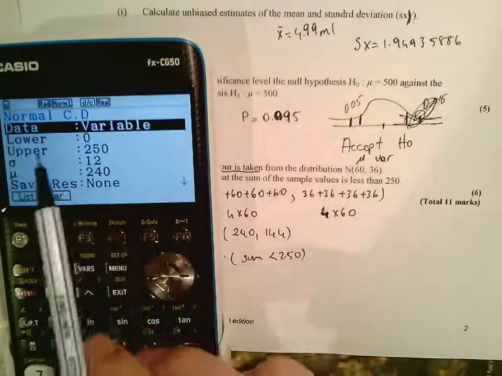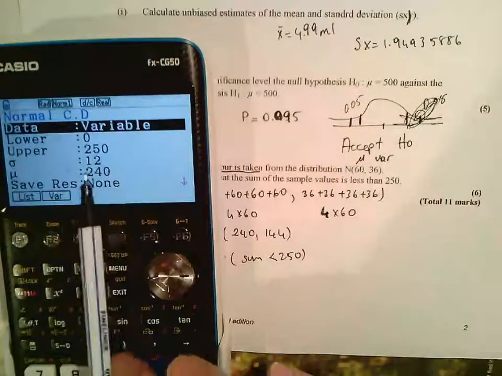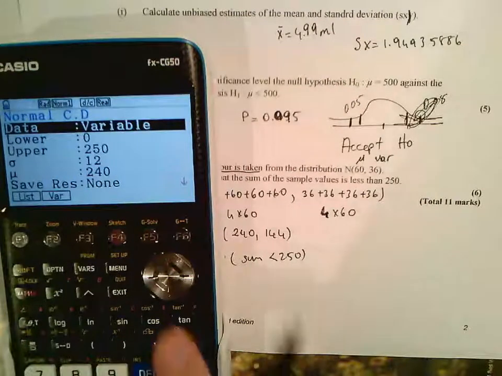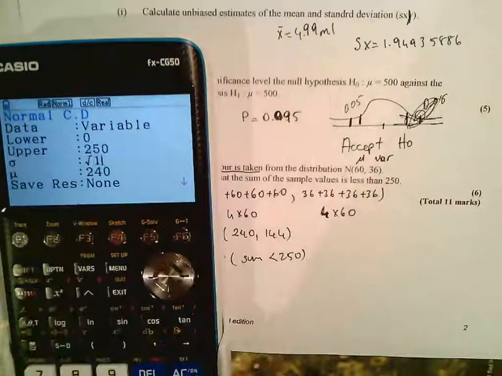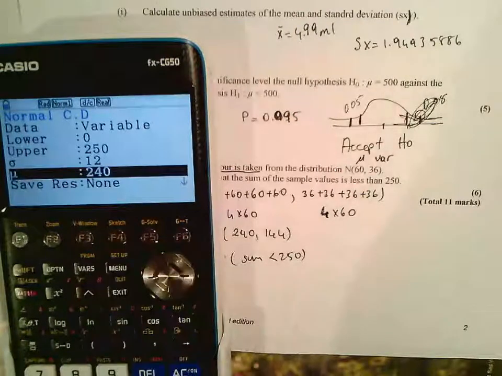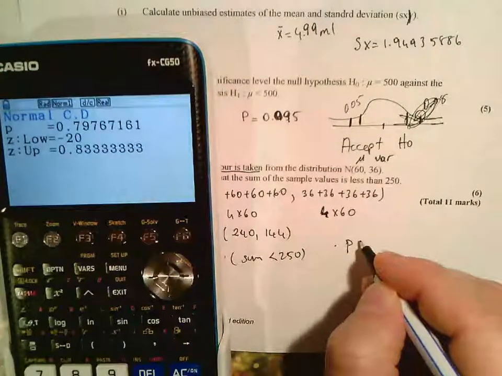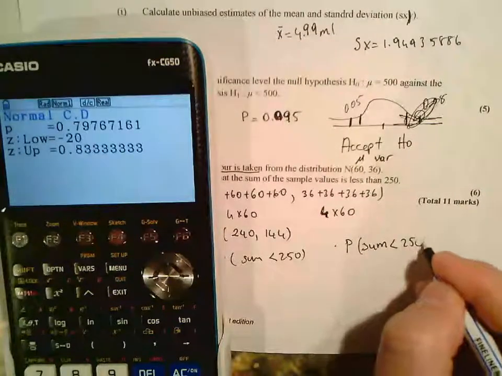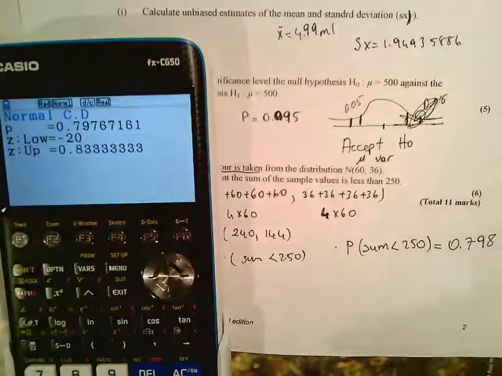The lower is 0 milliliters, the upper is 250 milliliters, the standard deviation is the square root of 144, mean is 240, and the probability that the sum is less than 250 is equal to 0.798.